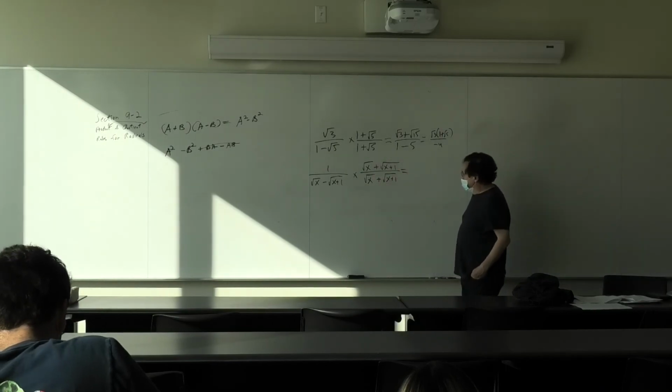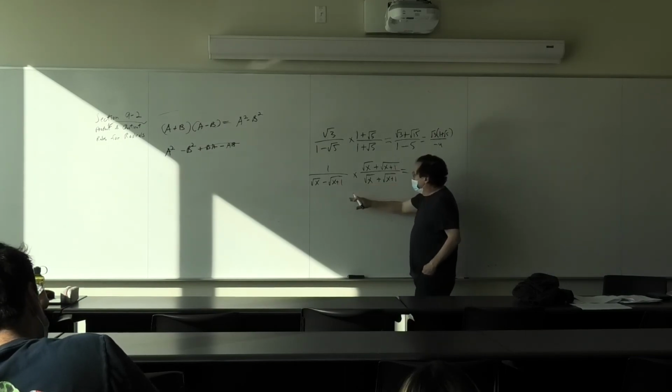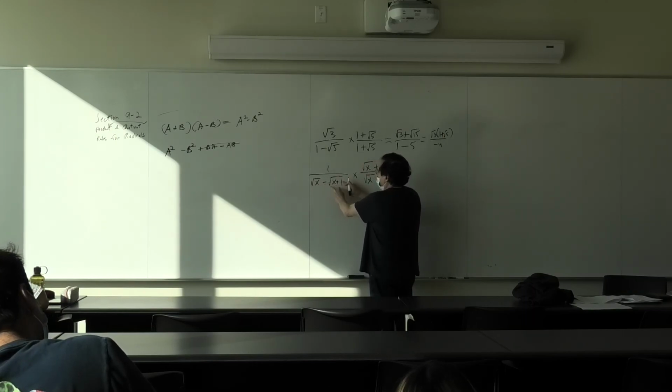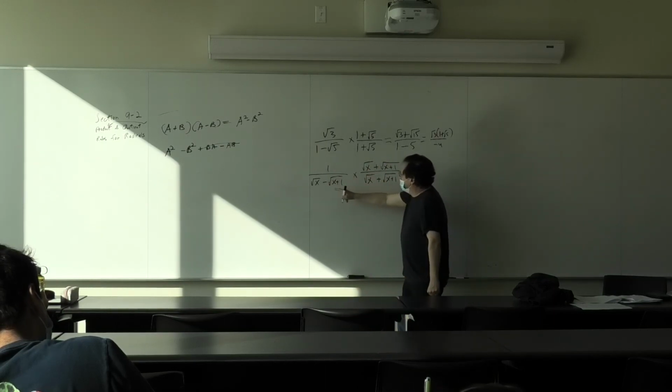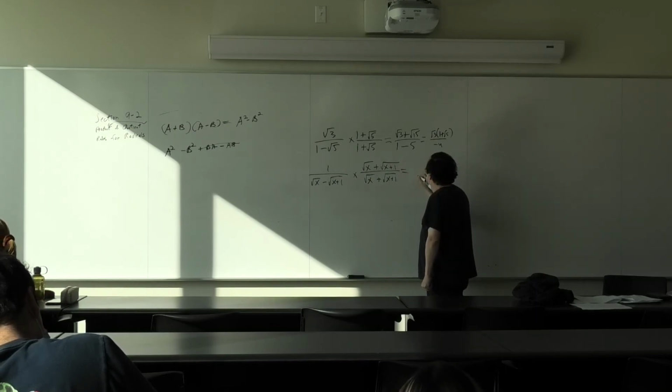Okay, so what do I get in the basement here? I'm going to get square root of x squared minus square root of x plus 1 squared. That's my a squared minus b squared. Well, square root of x squared is x.